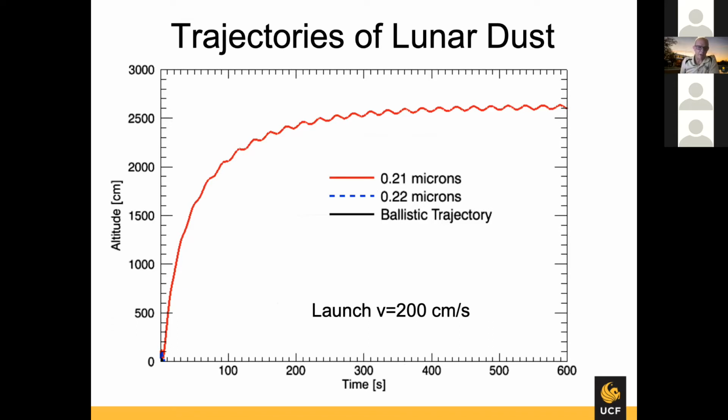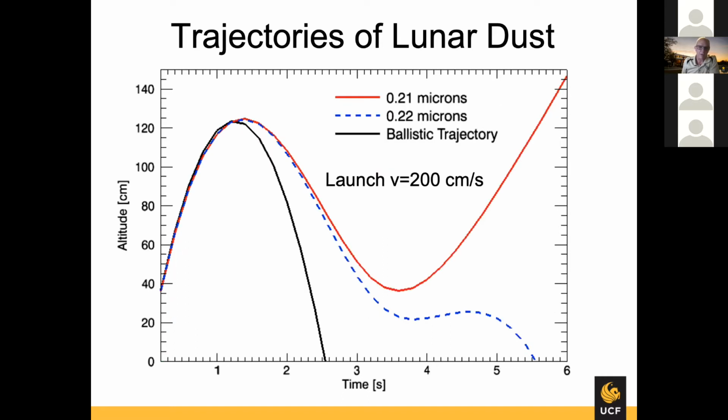It's not really a trajectory, it's altitude as a function of time. And that little green square that just appeared in the lower left corner is where we're going to zoom into for the next slide, which looks like this. What you're seeing here was all taking place in that little lower left corner of the first slide.